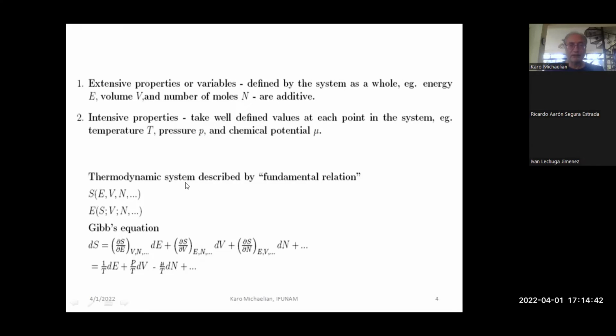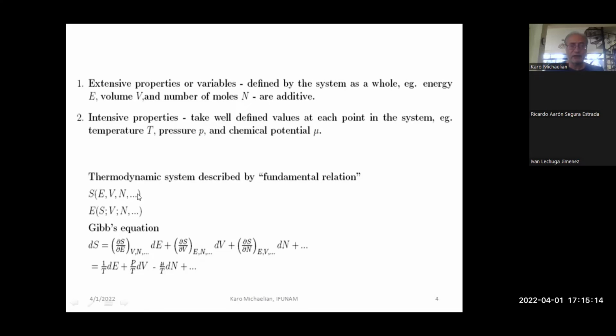And the thermodynamic system is described by what is known as a fundamental relation. That fundamental relation says everything about the system in terms of these macroscopic variables, which are extensive, like the energy, the volume, number of moles, etc. For example, if you have a spin, you would need the angular momentum of the system. You could have more variables depending on how many degrees of freedom you allow in your system. So you have an entropy representation and also an energy representation.